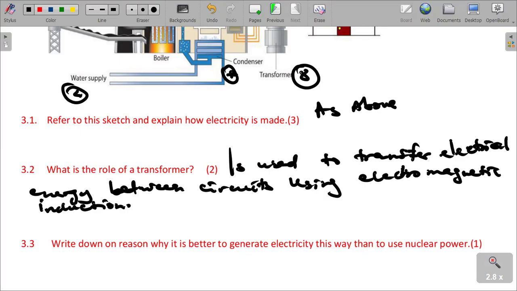So how does it do that? It does that by changing voltage levels while maintaining the frequency.